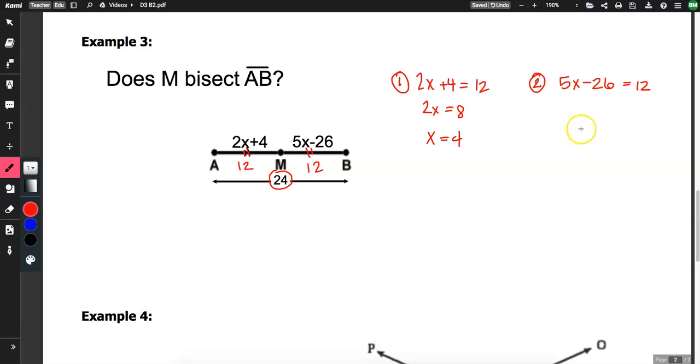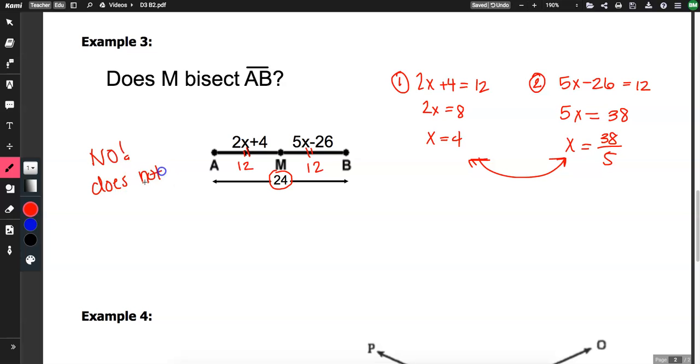So I set the other one equal to 12. 5x equals 38. x equals 38 over 5. So those guys are definitely not equal to each other. Not the same value for x here. So I'm ready to say no. Does not bisect.